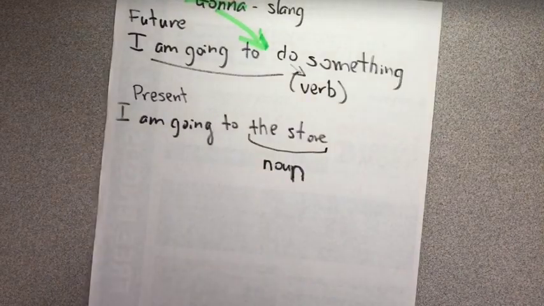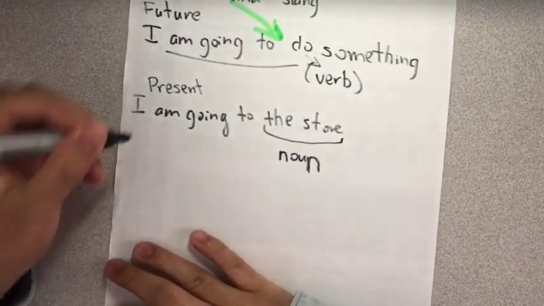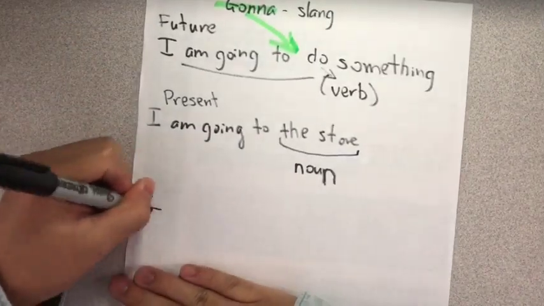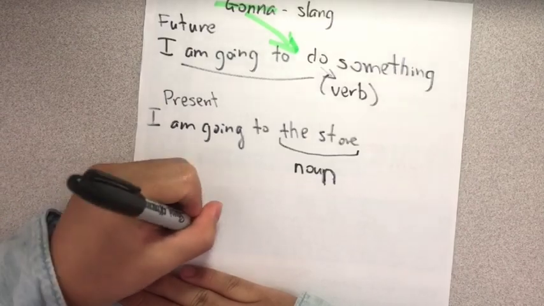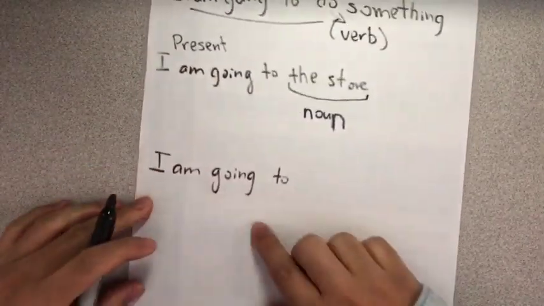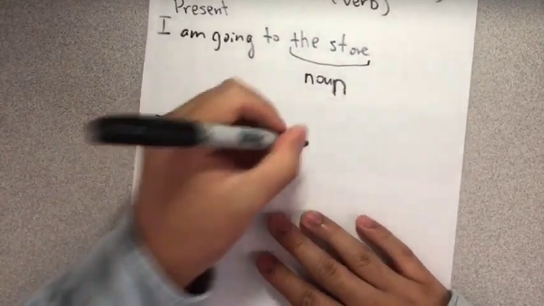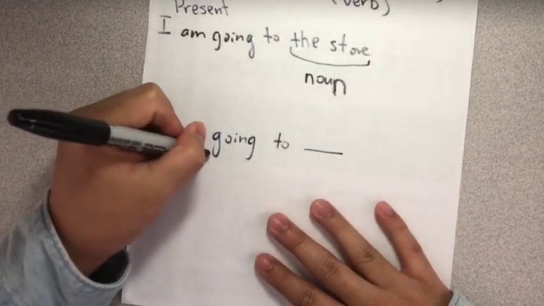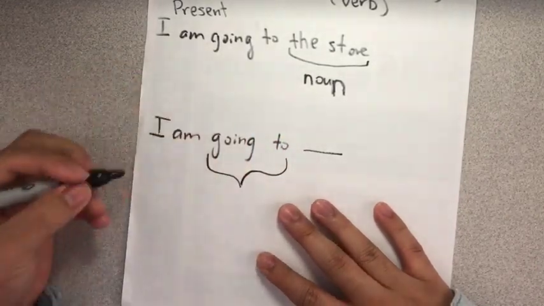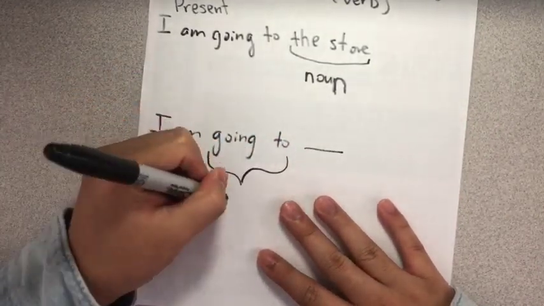Okay, so how do we use gonna? What is gonna? Gonna is I am going to. Okay, so we have I am going to and then a verb. Going to. If we put going to together, we get gonna.